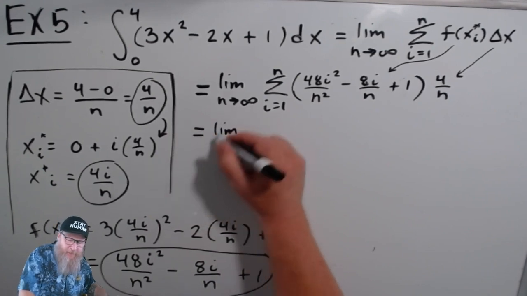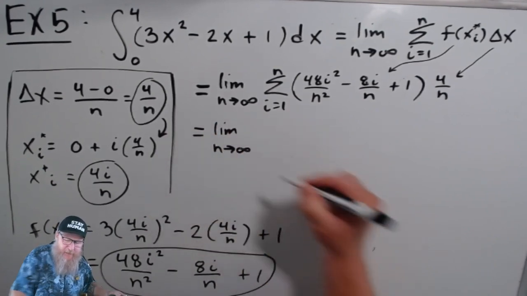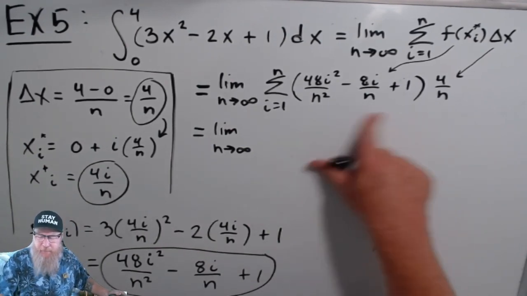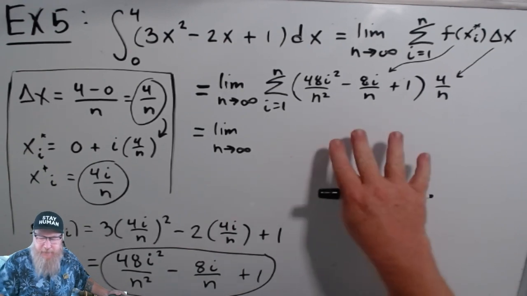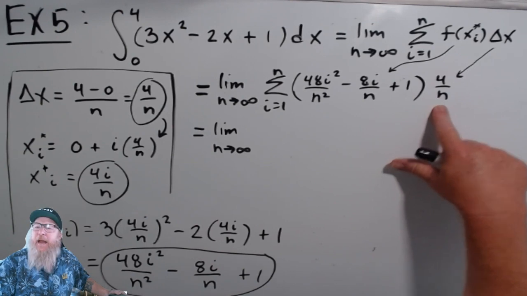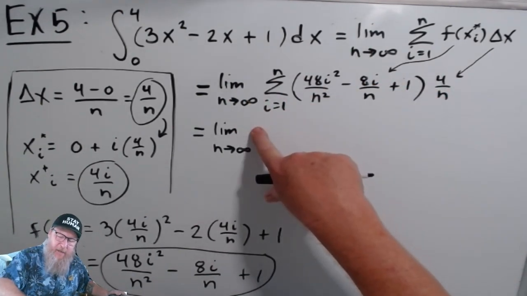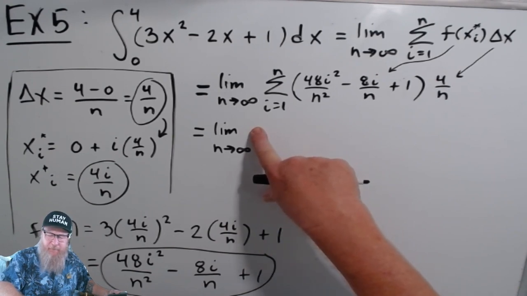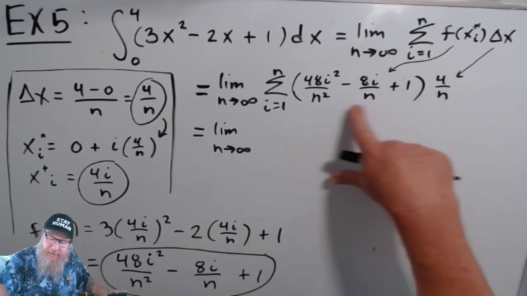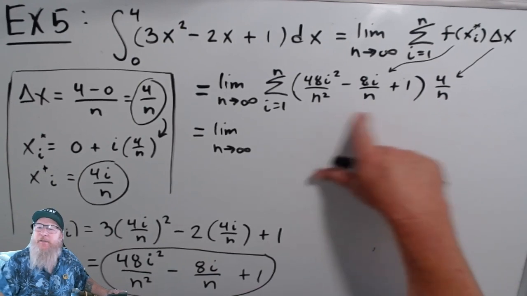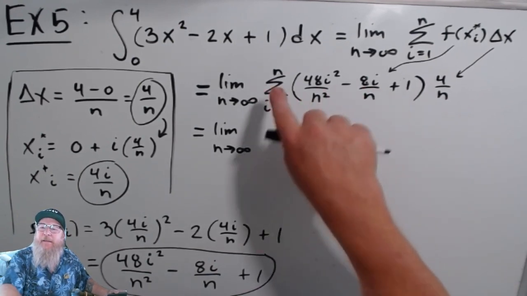So now we've got the limit as n goes to infinity. Now we have to decide how we want to break this up. There are a couple different methods. One method is to take the 4 over n all the way outside of the sum. Or you could distribute it into each of the terms of the summand, that's what this is called, and keep it inside the sigma.